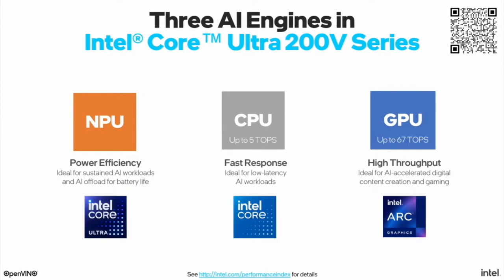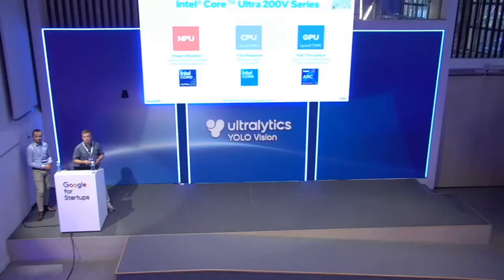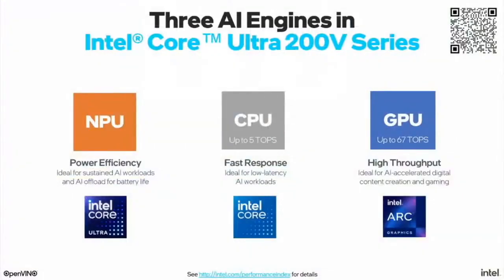Also, it's very important to understand that when you work on your CPU, you have traditional applications as well, like Office programs, right? And at the same time, if you run a lot of AI workloads, like blurring your background during a presentation or some chatbots, you don't want to keep your CPU busy with AI. Otherwise, you will get no bandwidth for your standard work with Office or with browsing.